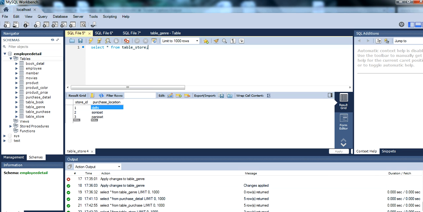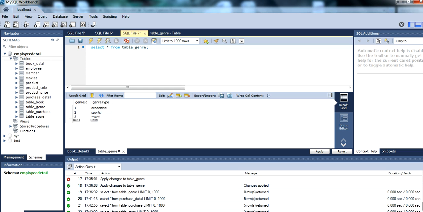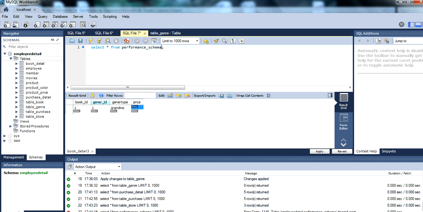Next, third normal form. For third normal form, we have created a table. The table name is purchase detail.